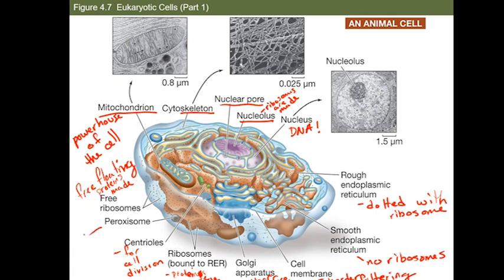And then the peroxisome is for breaking down toxins. So that's an animal cell for you.